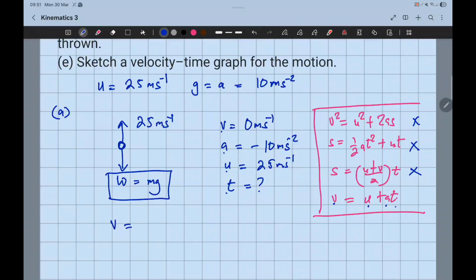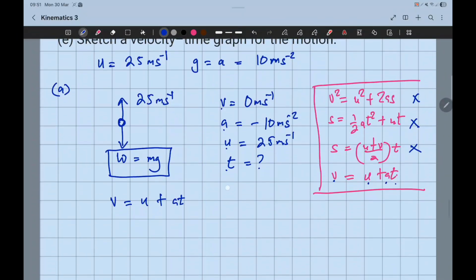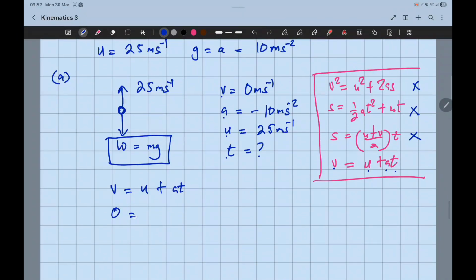So V is equal to U plus AT. So what is our V? Is equal to 0. What is our U? Our U is equal to 25 meters per second. What is our A? Our A is negative 10 meters per second squared, because it's deceleration, multiplied by our T, which is our unknown.